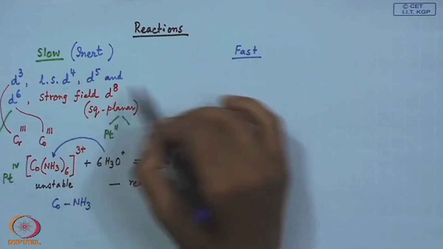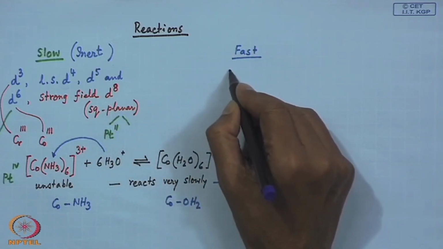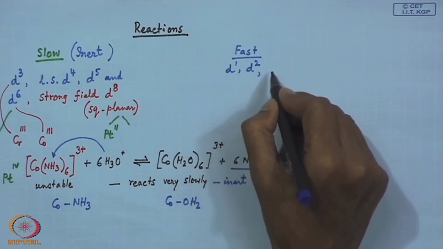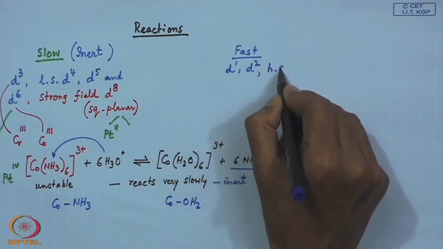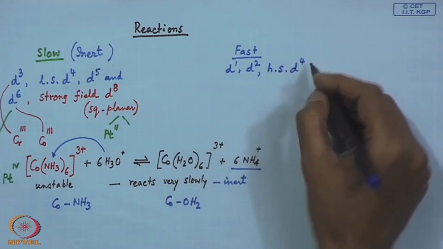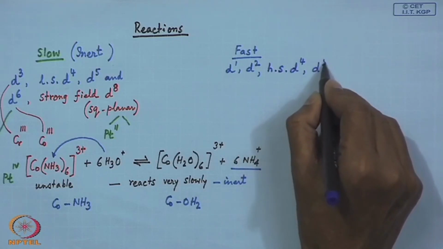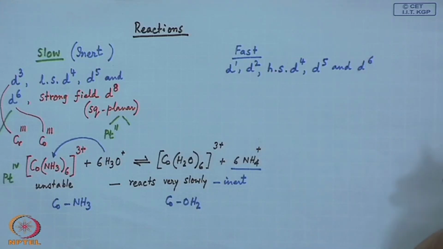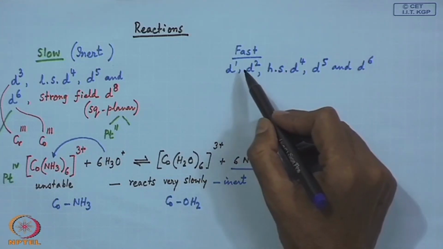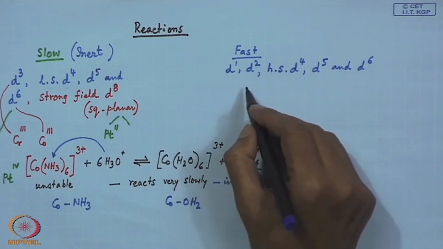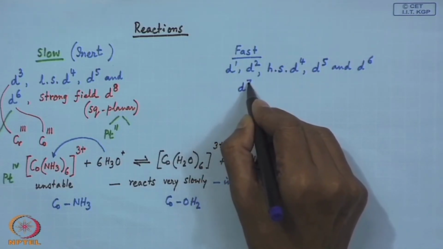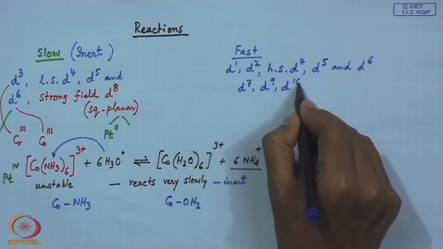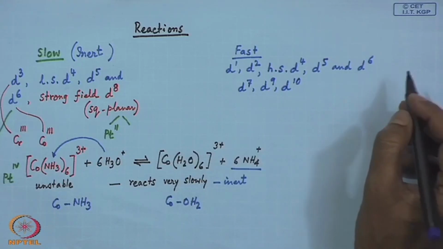The other metal ions, which are d1, d2, then not low spin but high spin d4, d5 and d6, can give rise to fast reactions, as well as d7, d9 and d10, which is zinc 2 plus.